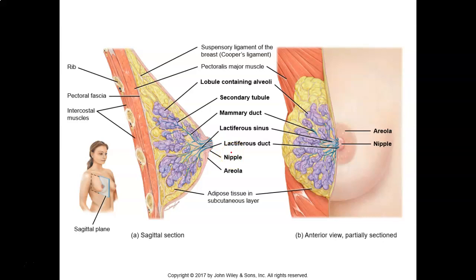If we're developing the oocyte so that we can implant the blastocyst, well, on the back end, there's got to be some way for Junior to eat, for Junior to feed. That is breast tissue. That is the purpose of the breast. And you can see a number of the different structures, from the mammary ducts to the lactiferous sinus, the lactiferous duct, nipple, areola.